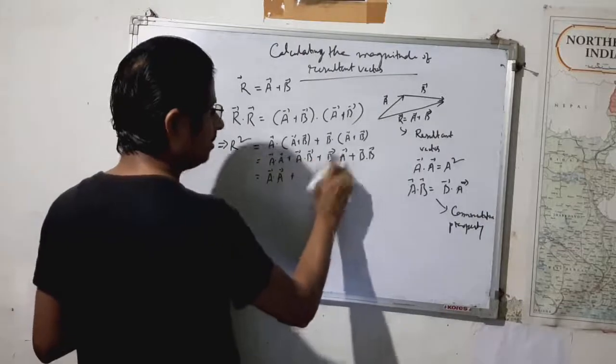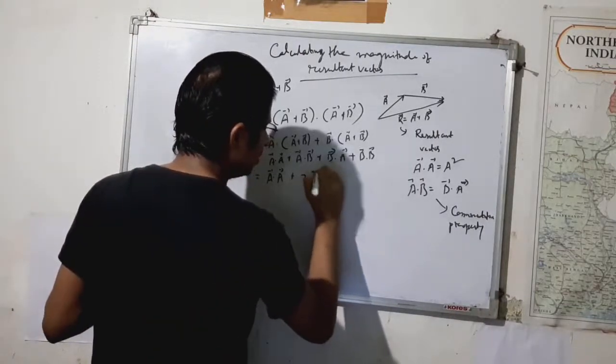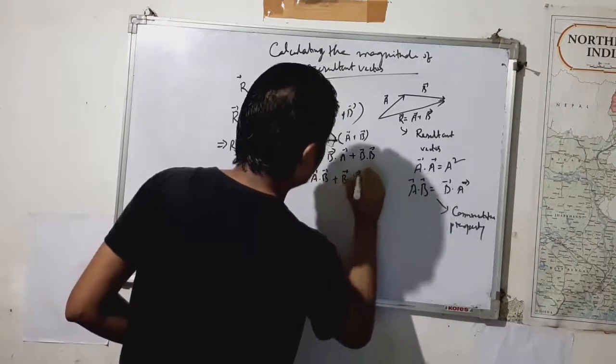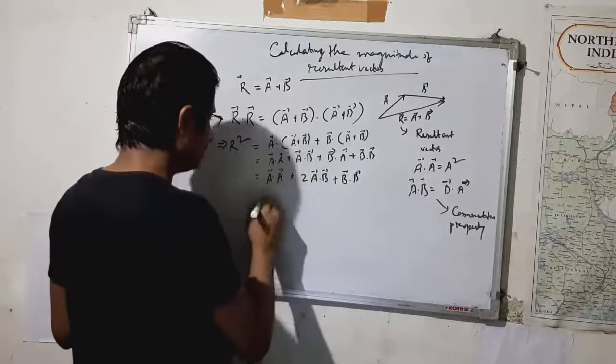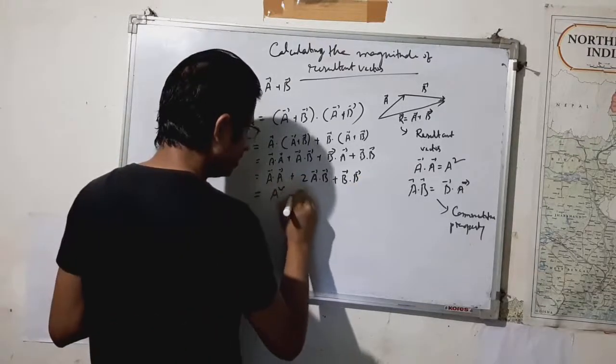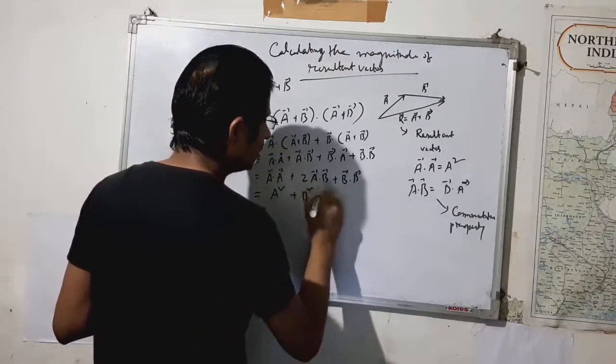So A dot B and B dot A both are similar, so we can write twice A dot B plus B dot B. So A dot A is again A square and B dot B equal to B square, right?